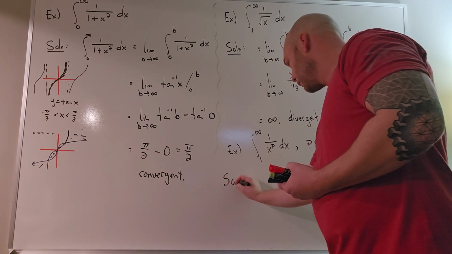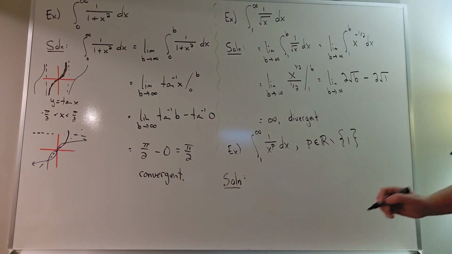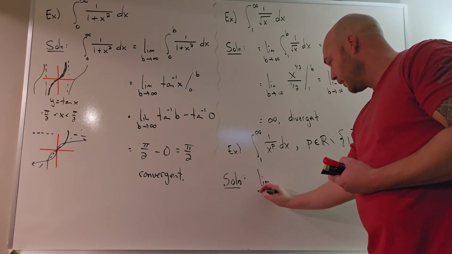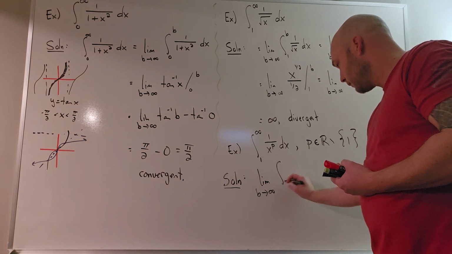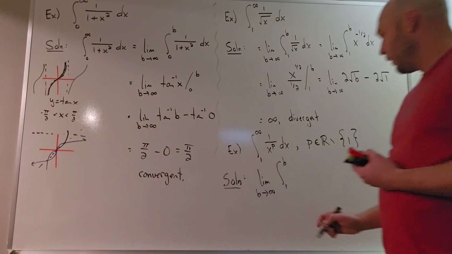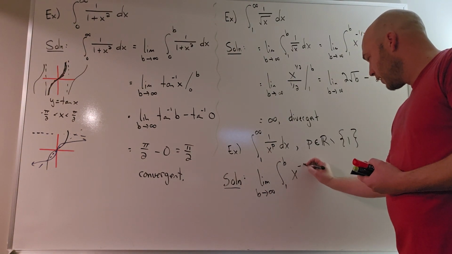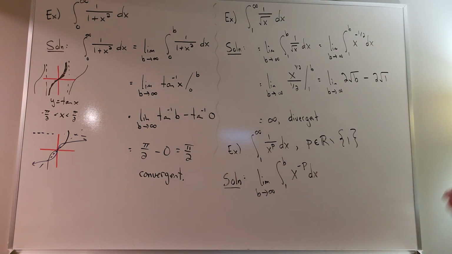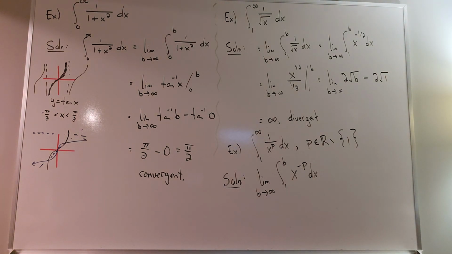So, solution. As I mentioned, the first thing we have to do is write this as a limit at infinity. And 1 over x to the p, we can start by writing as x to the minus p, and then dx.